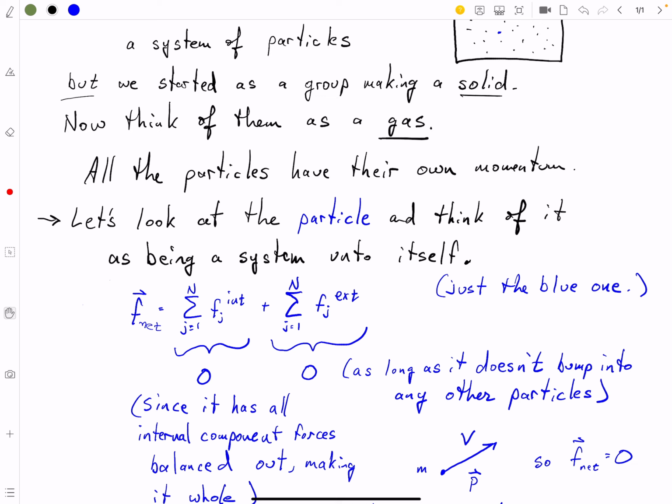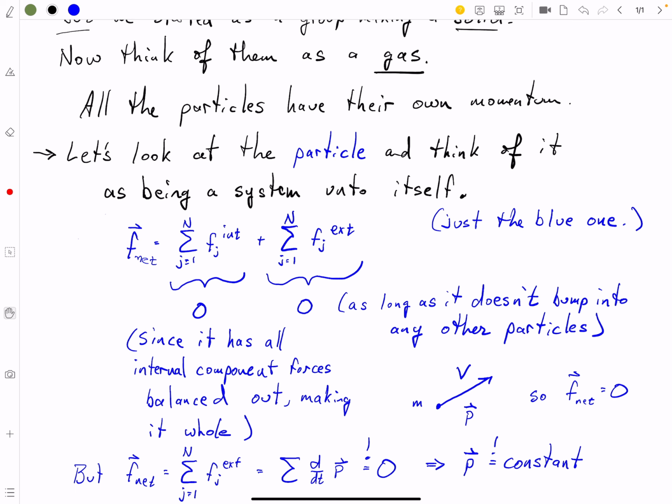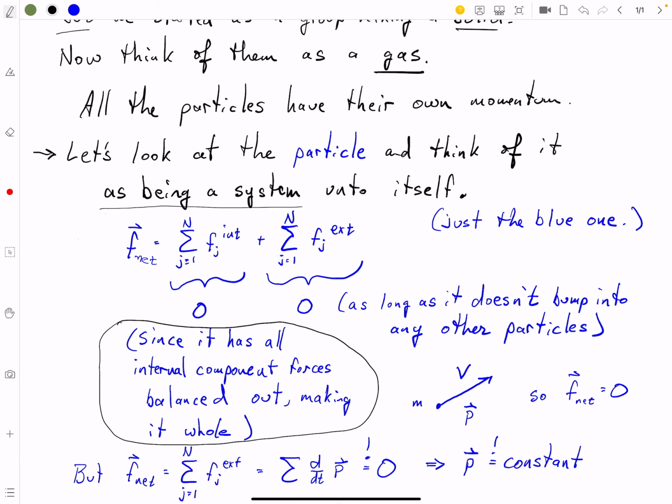And if we add and subtract all the internal atom bonds, all of those forces inside that molecule, they all balance out, and that makes it a whole thing, right? It makes it easy for us to see that one system. Okay, so that blue particle is our system.